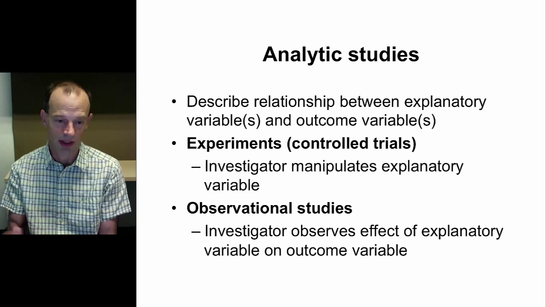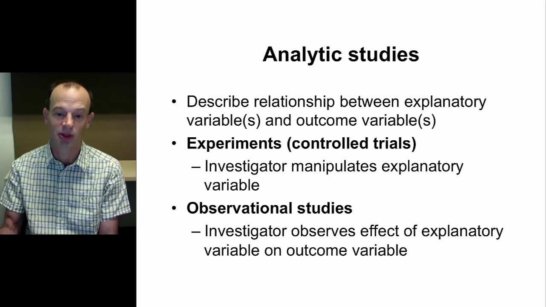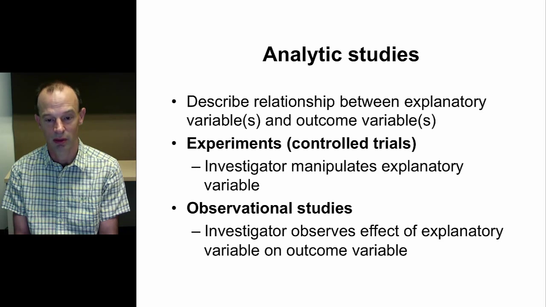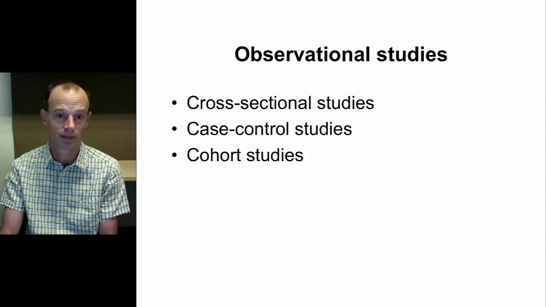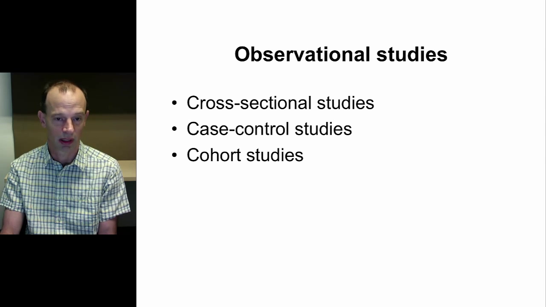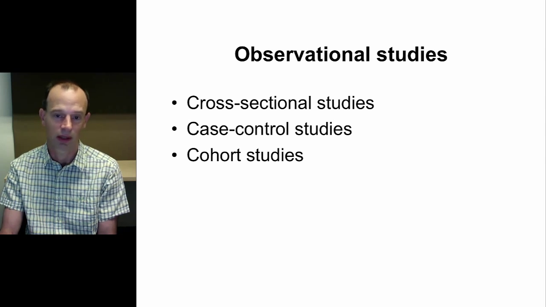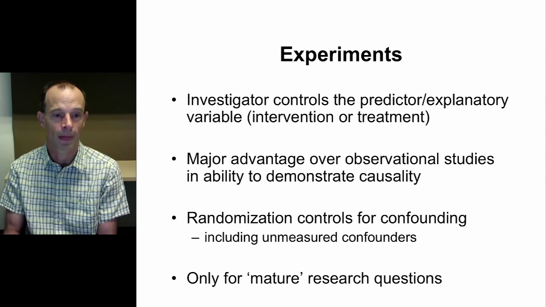And then observational studies where investigators just observe the effect of explanatory variables on an outcome variable, but don't actually determine the exposures to the explanatory variables. So I mentioned the three subtypes of observational studies, which I'll get to after we go through experiments or randomized trials.